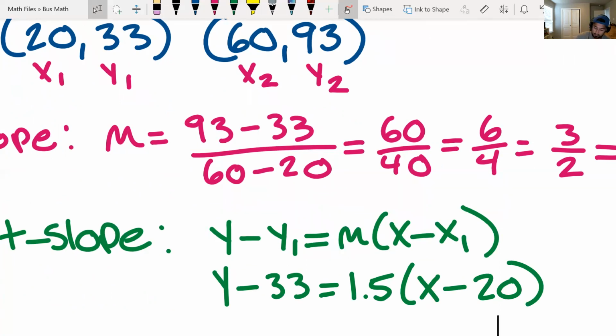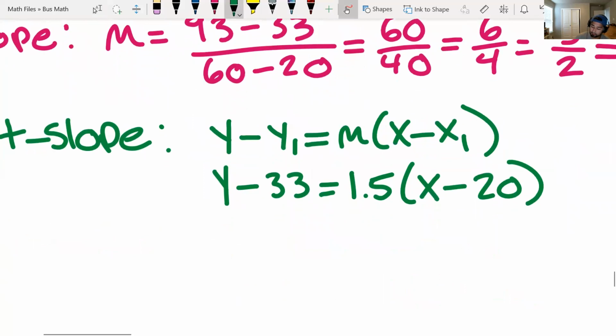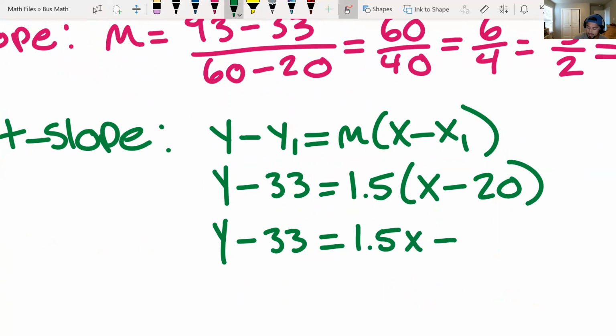Okay, let's find this equation. And you'll have y minus 33 equal to, distribute the 1.5, 1.5x minus 1.5 times 20. Well, 1 times 20 is 20. 0.5 times 20 is 10. 20 plus 10, 30.